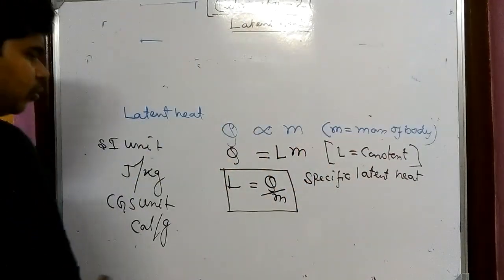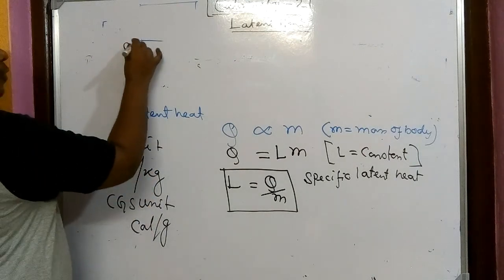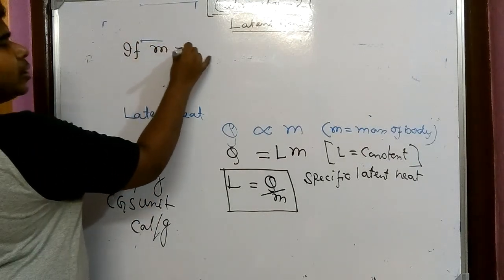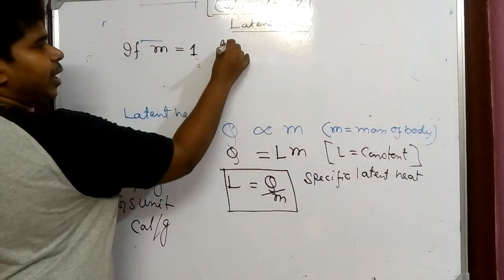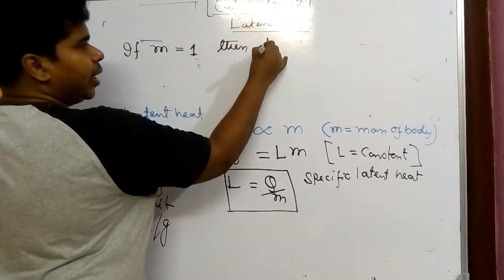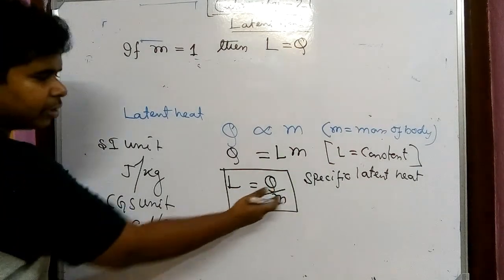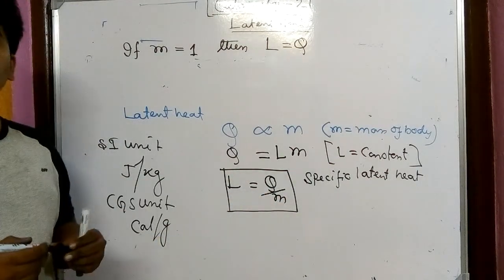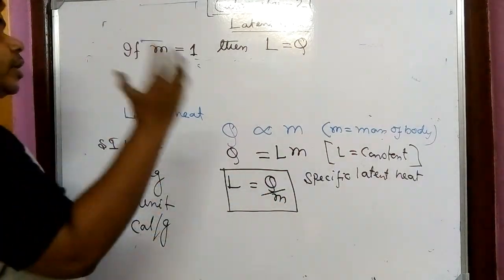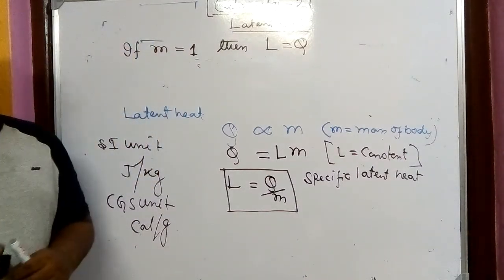We have to assume that if M equals 1, then L equals Q. From here we can define latent heat.